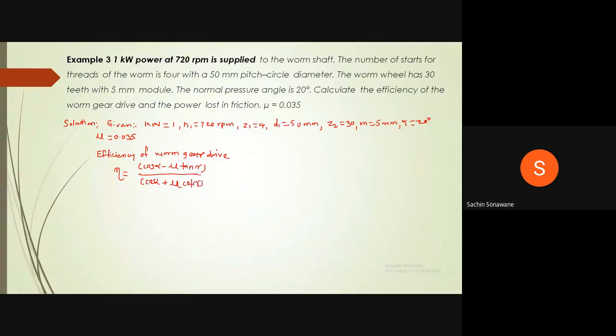In this we do not know gamma. Gamma means lead angle. Alpha and mu are given, so we will find gamma.